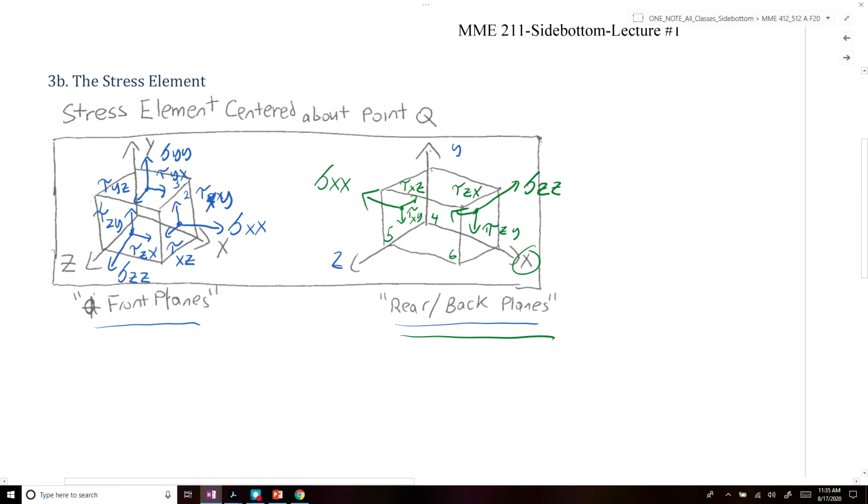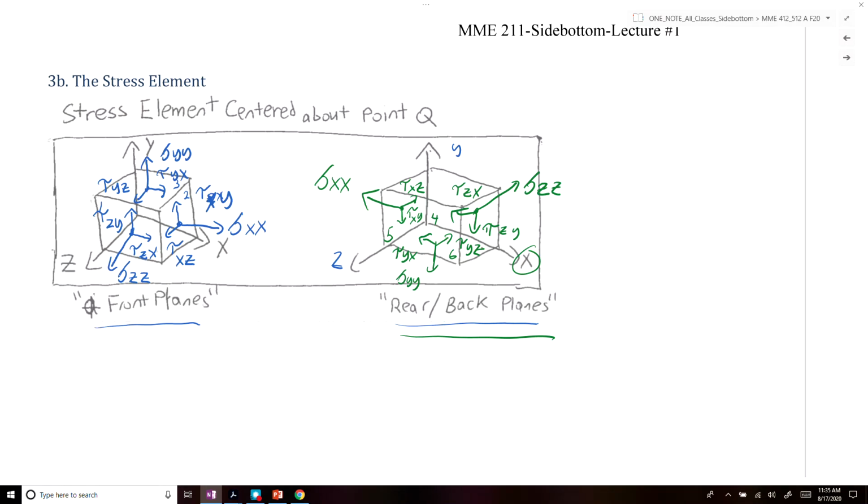Then the last is the bottom plane, which will have sigma yy going along the negative y-axis, and then we have tau yx and tau yz. So those are all of our stress elements here.